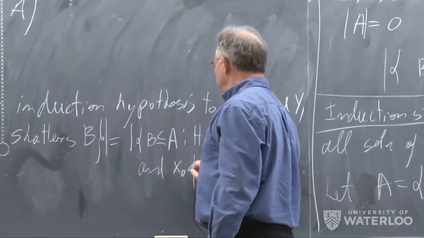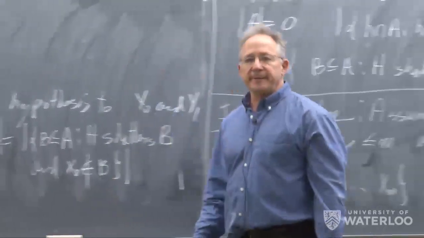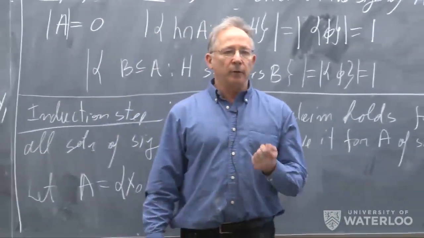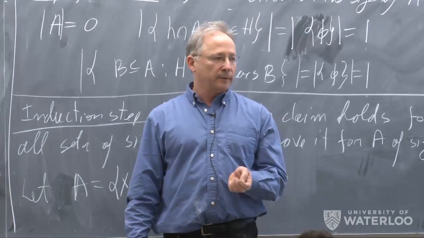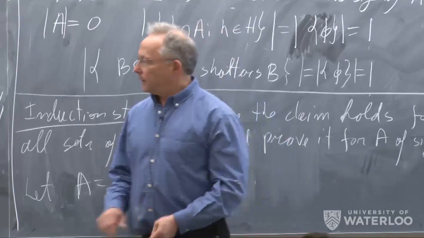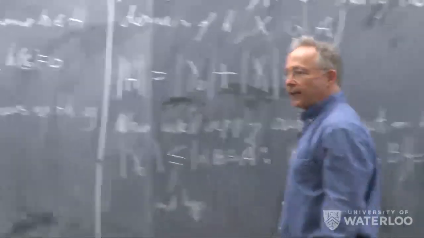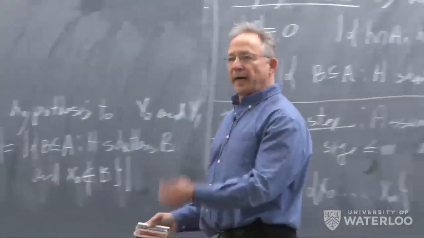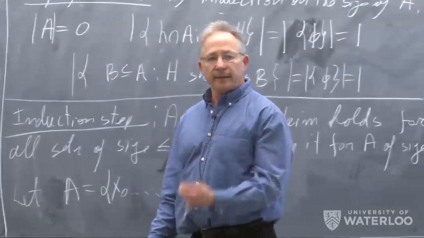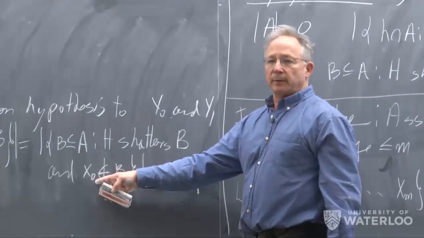X0 is not a member of B. Because if I'm a subset of A prime, I don't contain X0. So the size of this set is at most the size of subset of A prime that I shatter, and the subsets of A prime that I shatter are those subsets that don't contain X0.